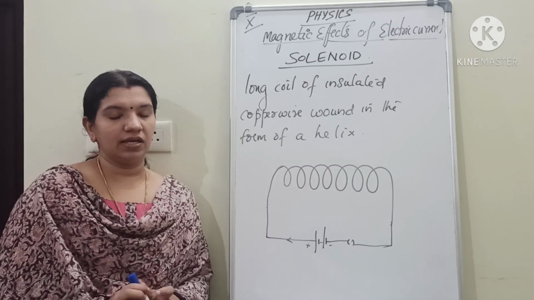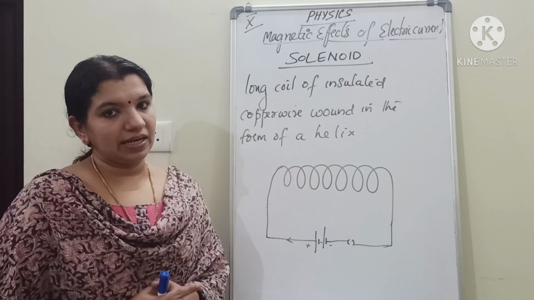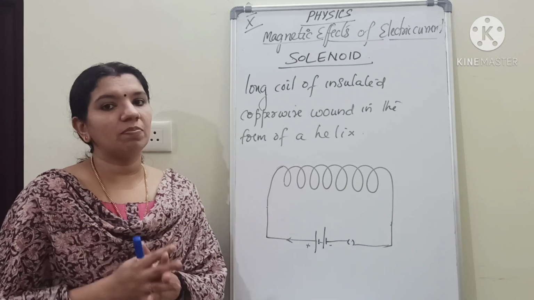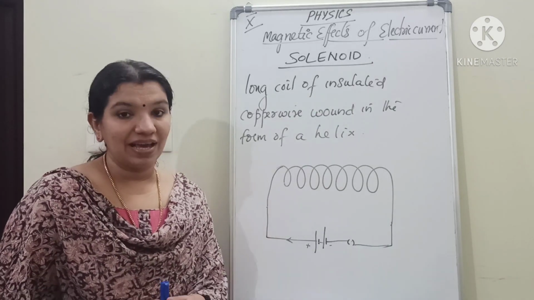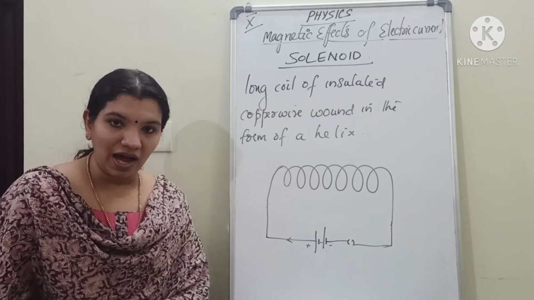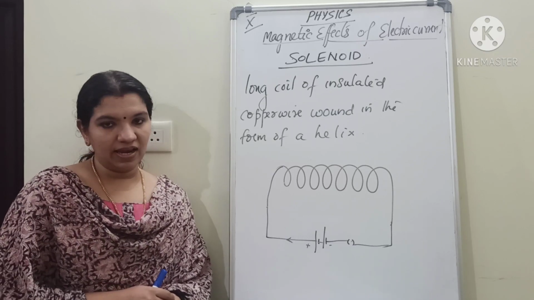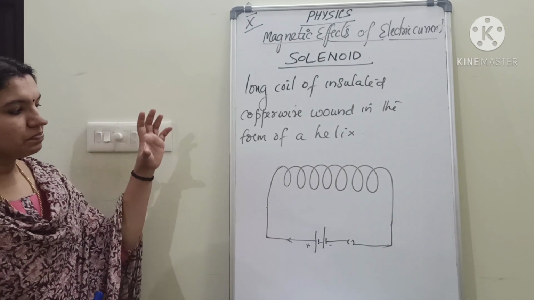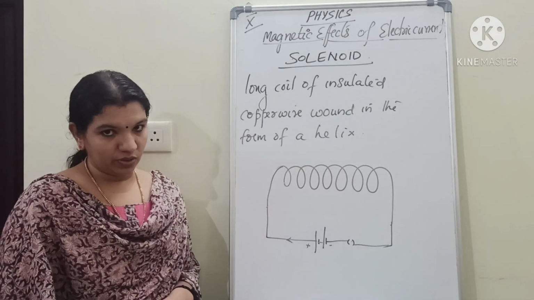Isn't it? The solenoid will behave like a magnet, and actually it is showing the properties of a bar magnet. That is a specialty. The solenoid will behave like a bar magnet, similar to the magnetic field lines of a bar magnet, similar to the poles of a bar magnet. Understand? So how can you draw the field lines of a solenoid? Very important question.